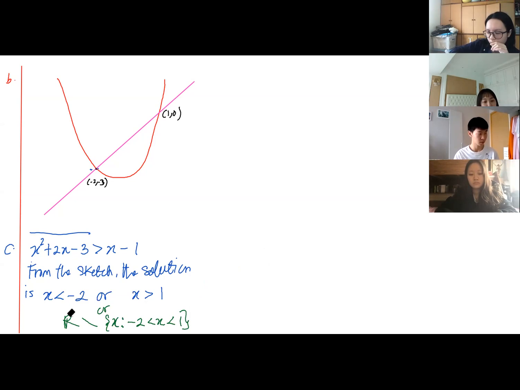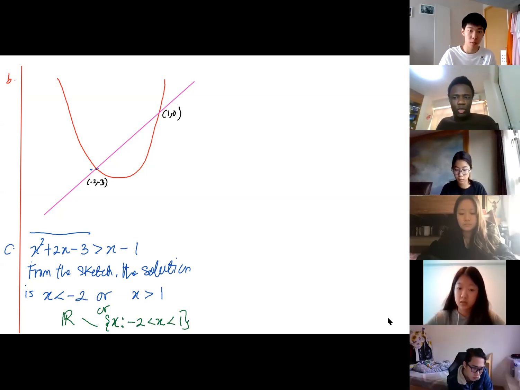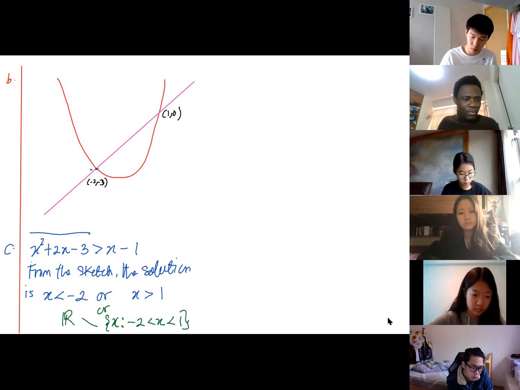Remember, we use this notation during which topic? Under what topic did we use this notation? What did we learn when we use this notation? Karen? Range and domain.